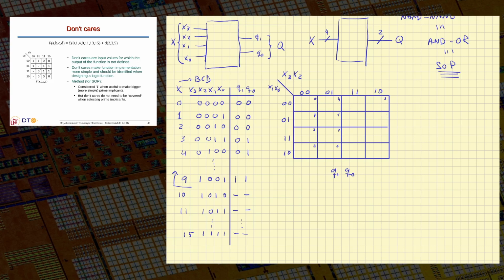So it will be 8, 9, 10, 11, 12, 13, 14, and 15. So basically we have the same information we have in the truth table. Okay, so note that we are doing this now without using the truth table.